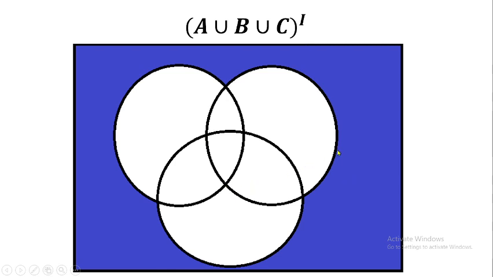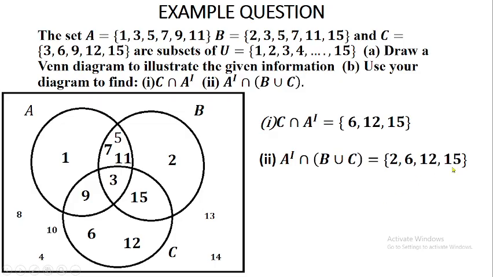It represents the complement of A union B union C. Those are the elements in the universal set that are not in A union B union C. So they are here, in this blue colored region. I hope you understand that as well. So those are the components that we have in the Venn diagram of three subsets.